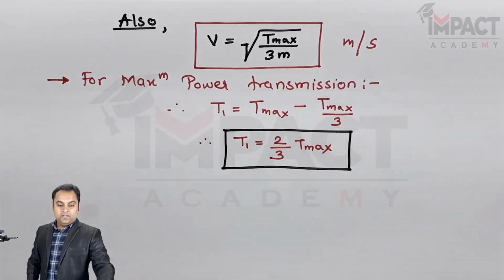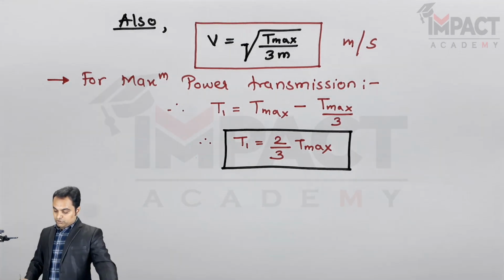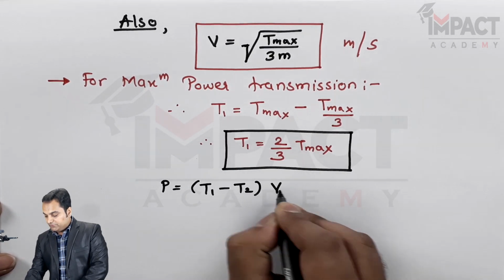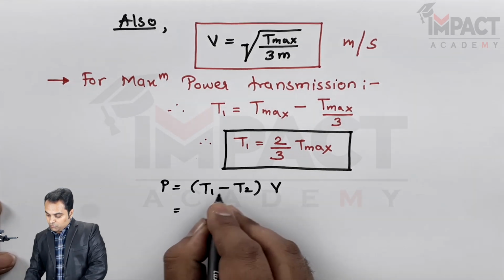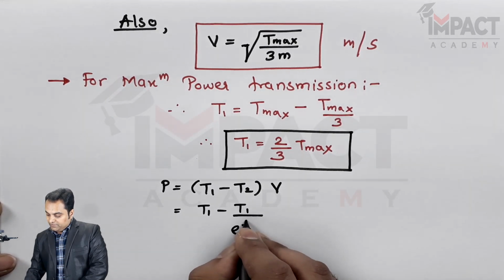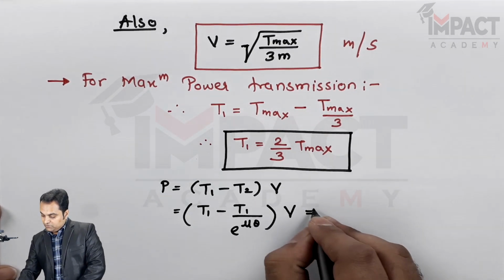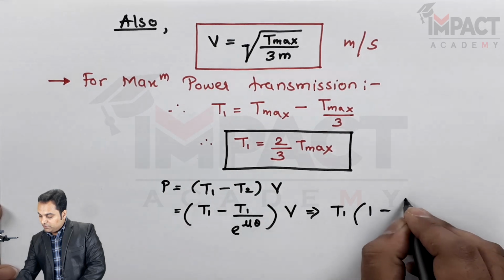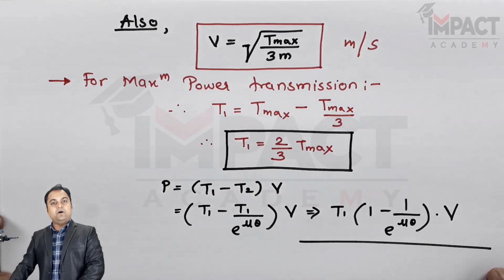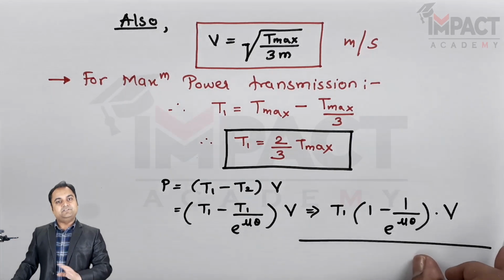And now finally, in the formula of power transmitted by belt, it was power is equal to (T1 minus T2) into velocity of the belt. Then we put the value of T2 as T1 upon e raised to mu theta, and this was reduced to T1 into bracket 1 minus 1 upon e raised to mu theta, into the velocity of belt. Now for maximum power, I'll put the value of T1 and V in this equation, so I'll get the formula for maximum power transmitted.